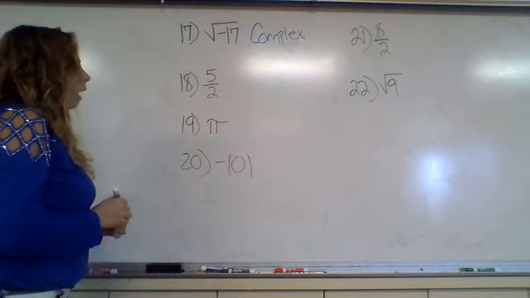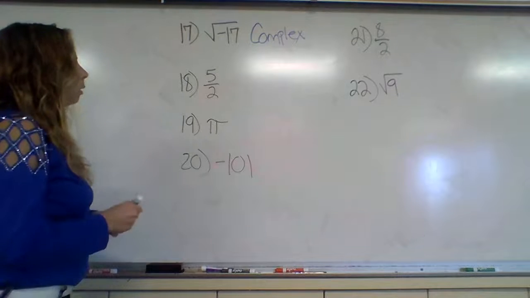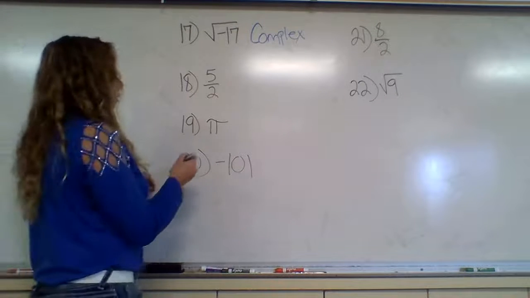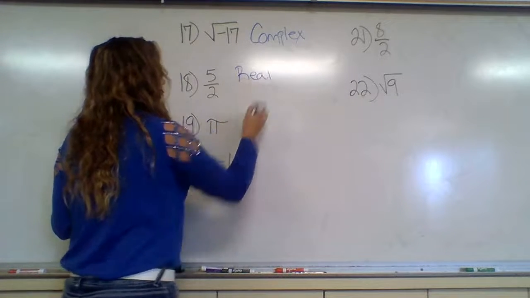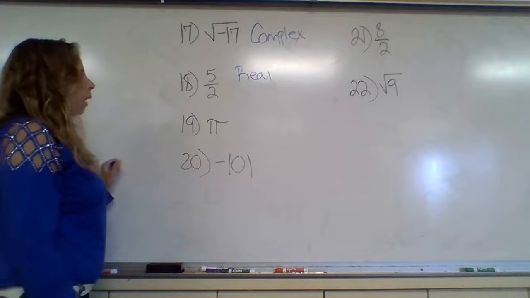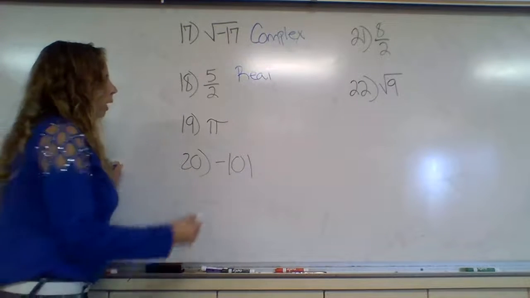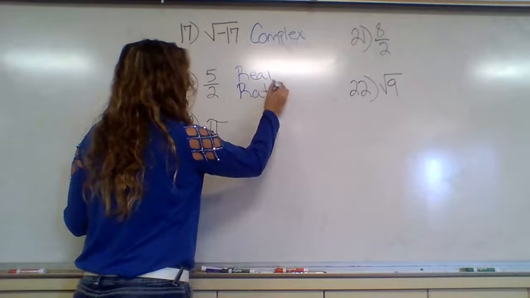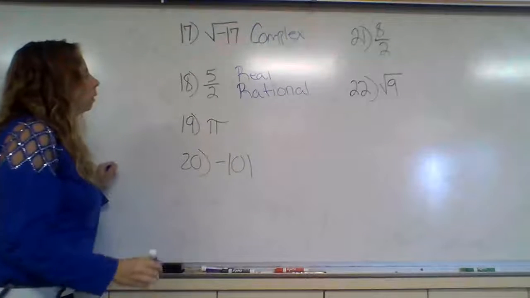18. 5 over 2. So all numbers are either real or complex. So this is real. Then is it rational or irrational? Rational. If you can write it as a fraction, it's rational.